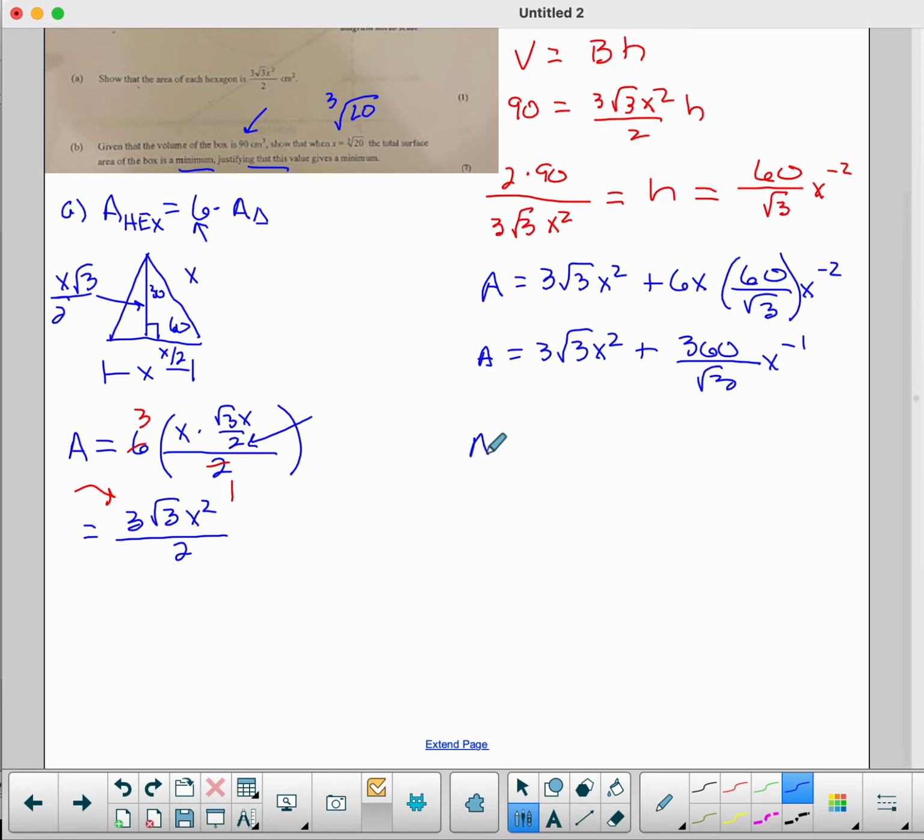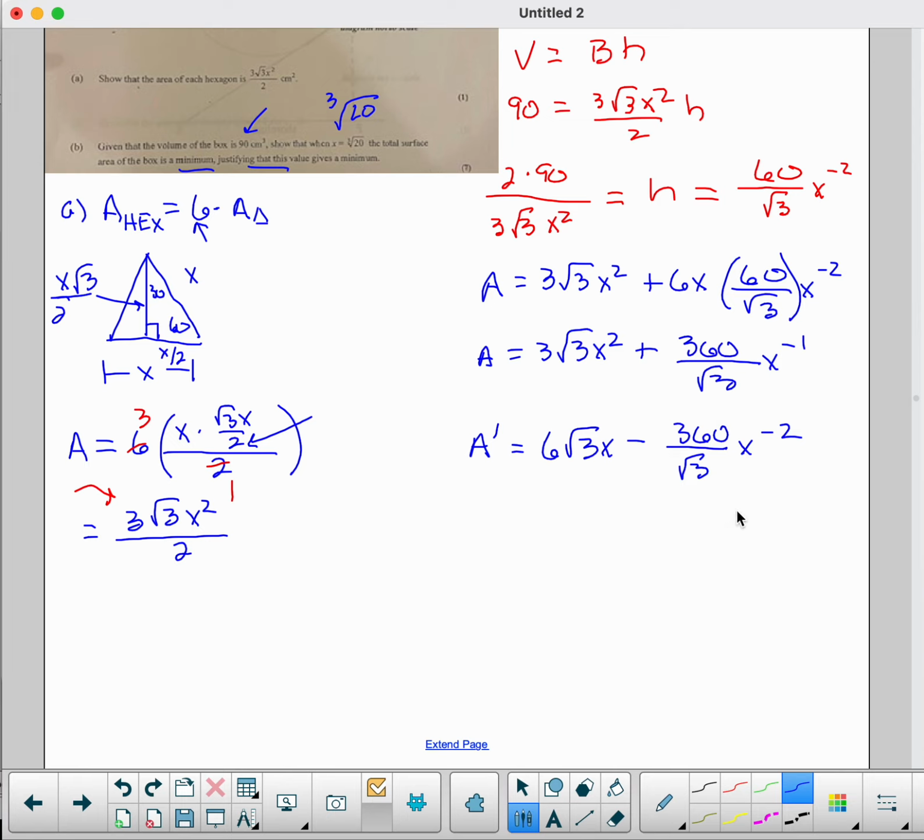So A prime is equal to 6 root 3 x minus 360 over root 3 x to the negative 2.